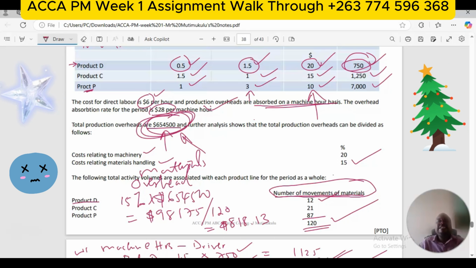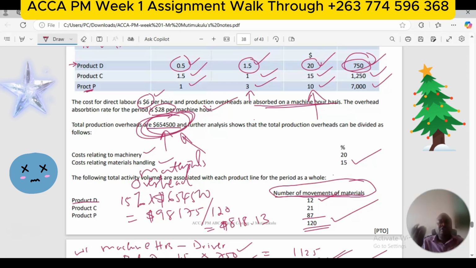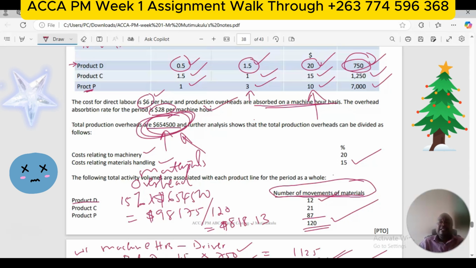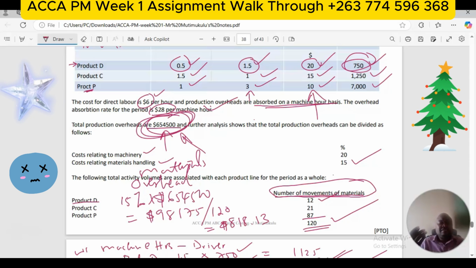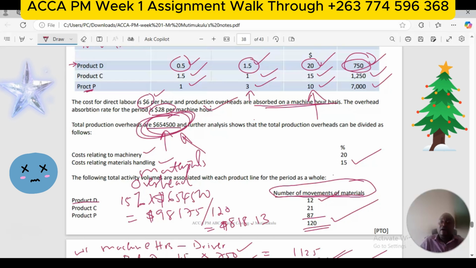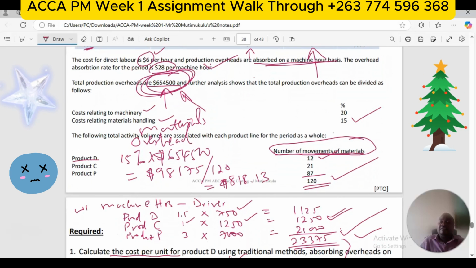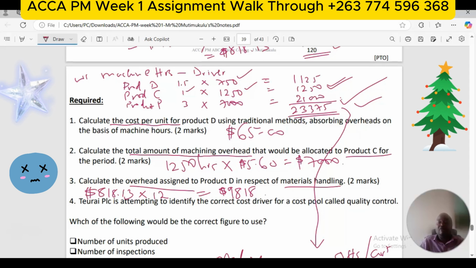The 750 items of product D took only 12 movements. Then the 1,250 units of product C took 21 movements. So that's the idea, and this is why we ended up obtaining the correct figure. We multiply by the number of movements and we get that.